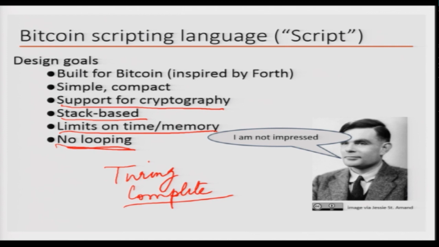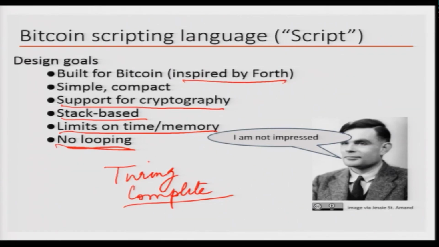That is by design, so that transaction validation cannot be attacked by a malicious user putting in a script which goes into an infinite loop and things like that. It is inspired by a previously available language called Forth. We do not need to worry about that language, but we have to understand the very basics of this language.